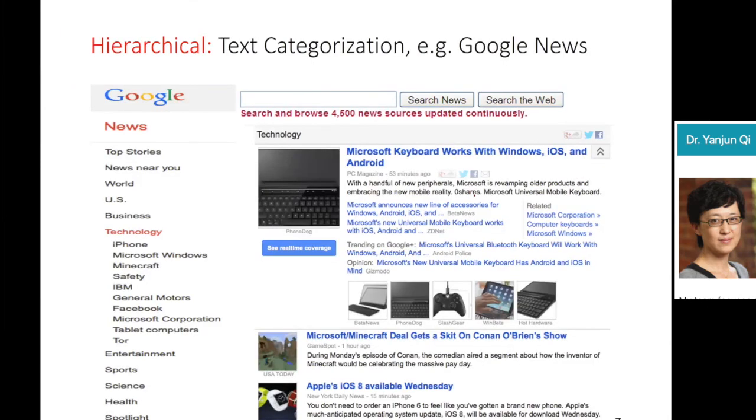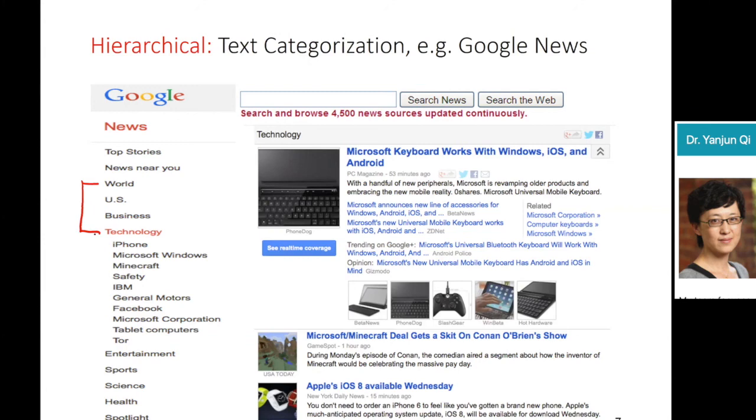And then there's something called hierarchical classification, which was almost the first important application that Google and Yahoo implemented with machine learning driven models, like Google News, right? Google categorized all the web pages on the internet into hierarchical labels that they handcrafted. In this case, the hierarchy is world, US, business, and technology.